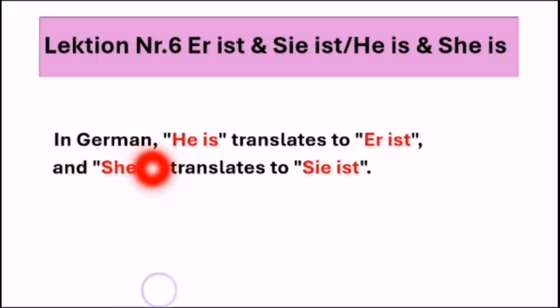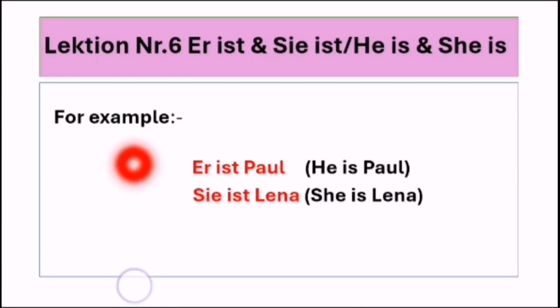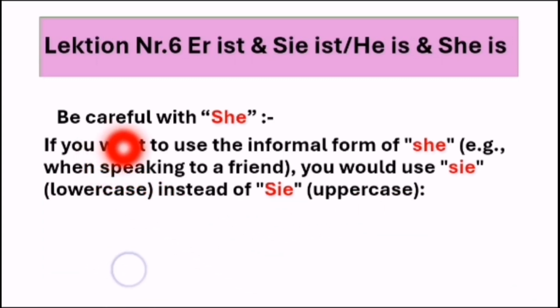So in German, he is translates to er ist and she is translates to sie ist. For example, er ist Paul, he is Paul. Sie ist Lena, she is Lena. But be careful with sie, with she, okay, in German.